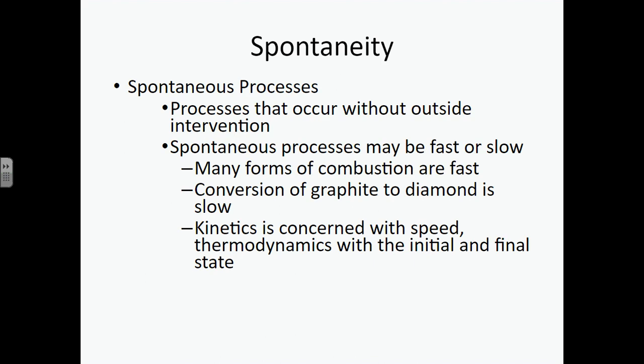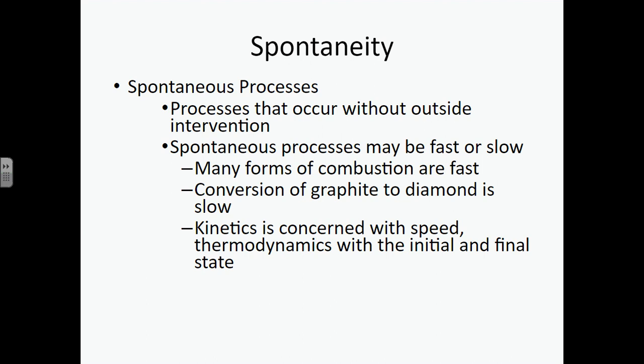A spontaneous process, and we're talking about spontaneity, occurs without any outside intervention. One of the examples I use a lot when I'm talking about spontaneity is rust. It manifests, but it happens on its own. It doesn't have to be heavily influenced by some type of man-made force.